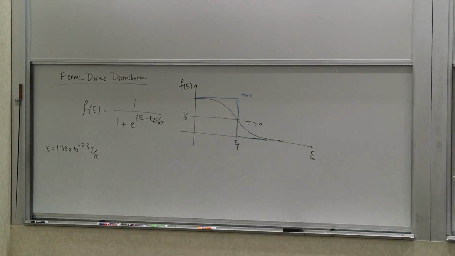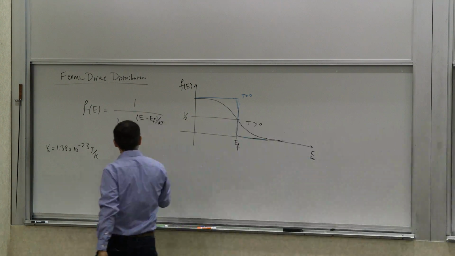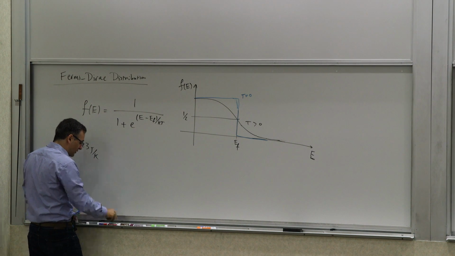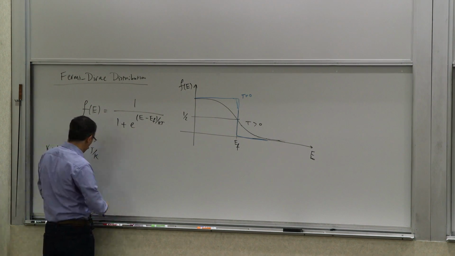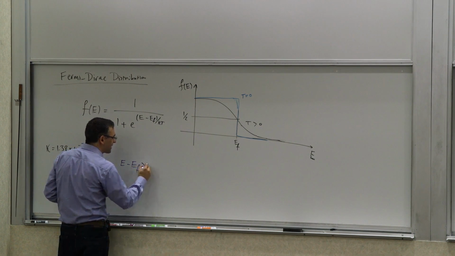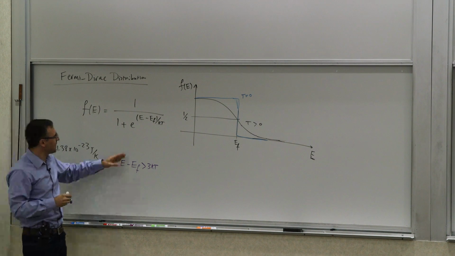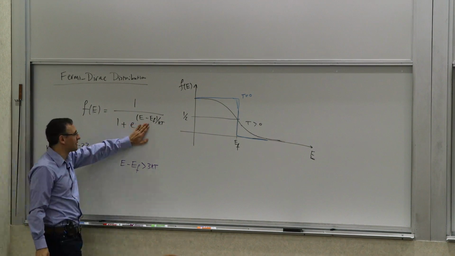Now, one of the interesting things is that if you look at the Fermi-Dirac distribution, let's look at a special case: where E minus EF is greater than 3 kT. If E minus EF is greater than 3 kT, what will happen here?